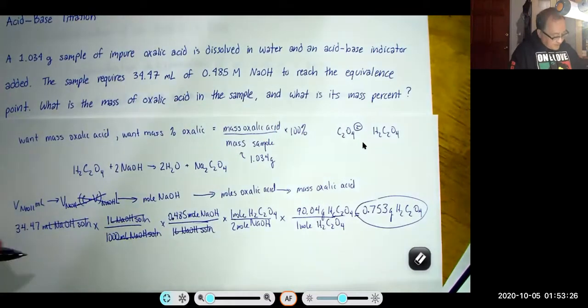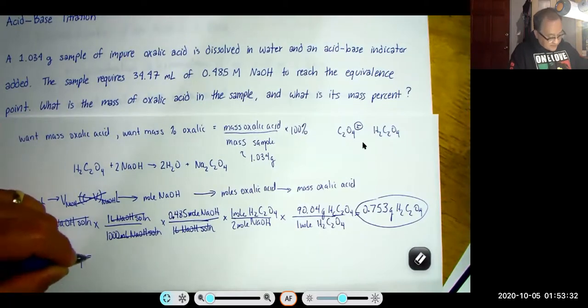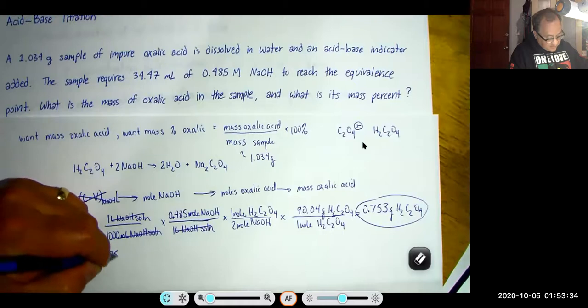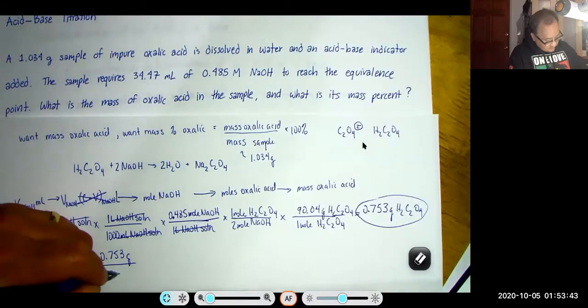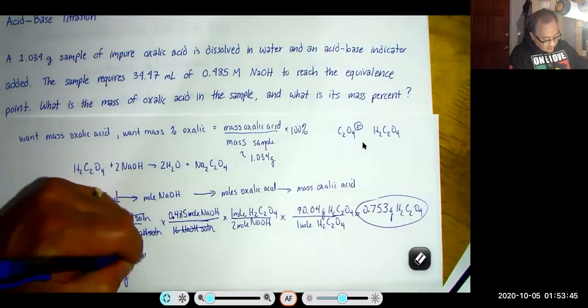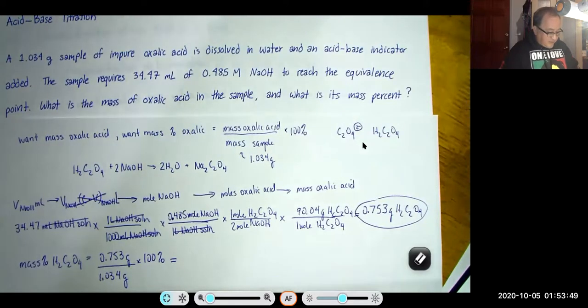So to calculate the mass percent of oxalic acid, we're going to take that 0.753 grams of oxalic acid and divide it by the mass of the sample and multiply by 100%. And here we're going to estimate again. I think we can all agree that 0.75 out of 1 is about 75%.